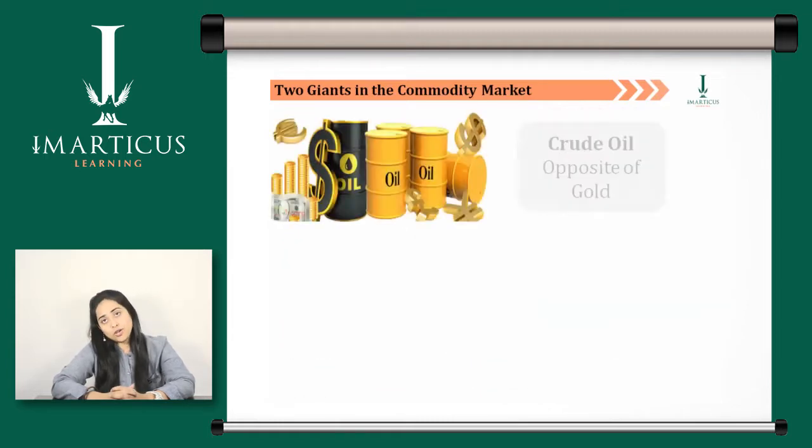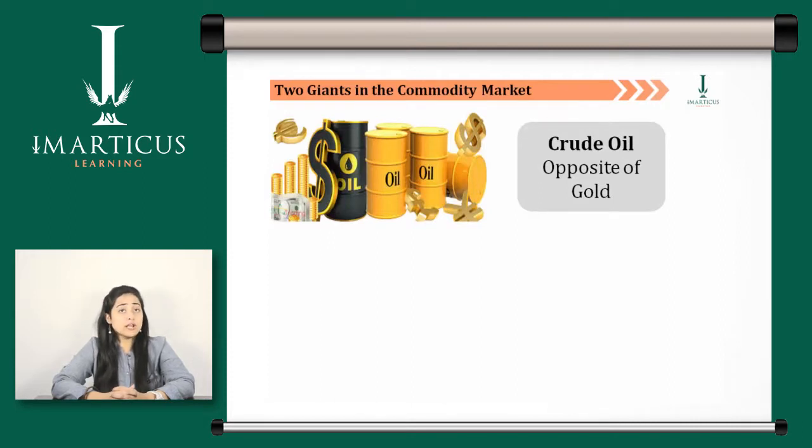Second is crude oil, which is the opposite of gold. The price of crude oil may rise on positive economic data, mainly from large participants such as China and US, and tends to fall during a global financial crisis or chain of negative economic data.